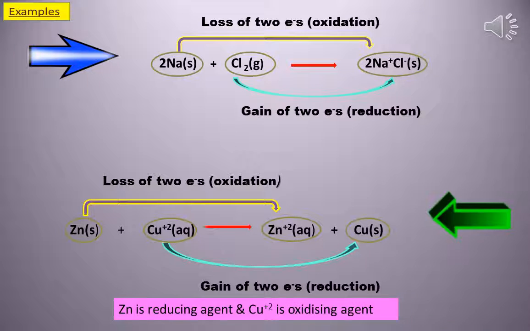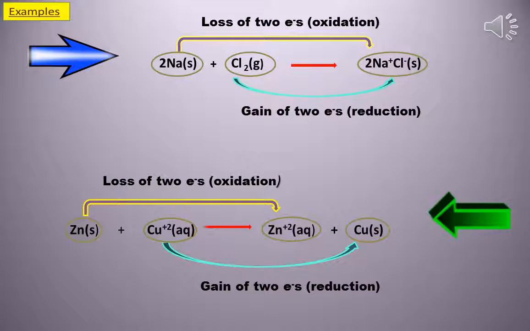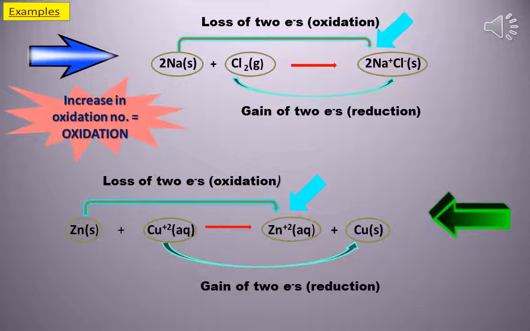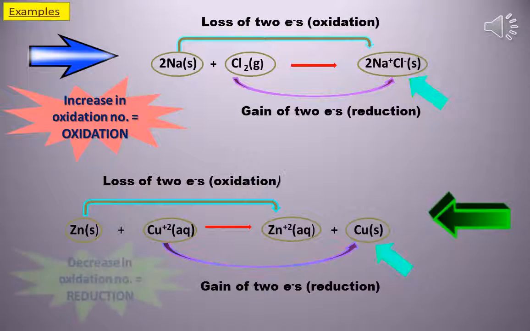Now you can analyze: Na atom has 0 oxidation number, and on conversion to Na+, the oxidation number increases to 1. So if the oxidation number increases, an oxidation reaction occurs. As for chlorine, initially it was chlorine 0, then it converted to chlorine with minus 1 charge. So the oxidation number decreases, so a reduction reaction occurs.